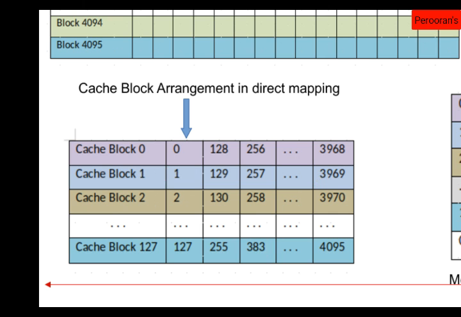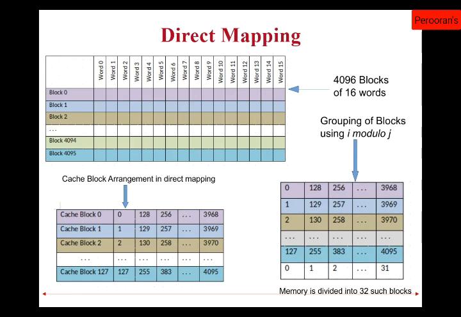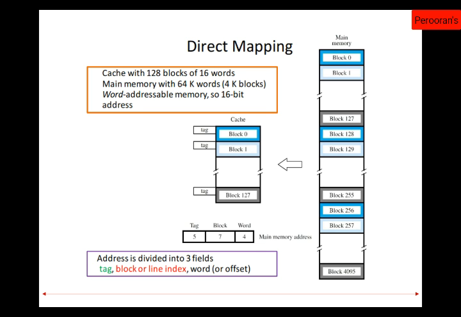So how do we place a main memory block in cache memory? That we will see. Now what we are doing? For that, we divide the memory address into three parts. The low order 4 bits select one of the 16 words in a block.